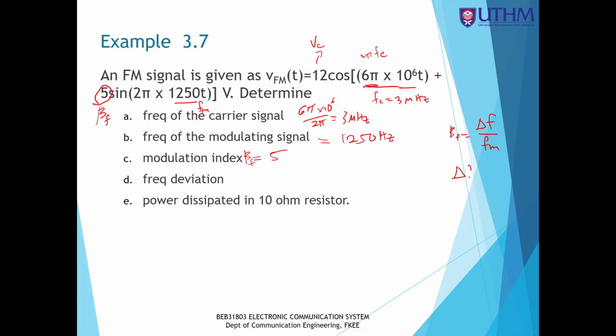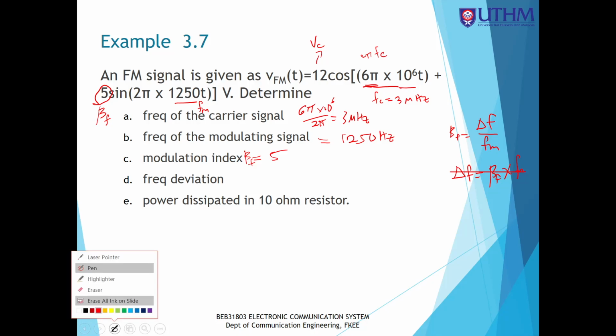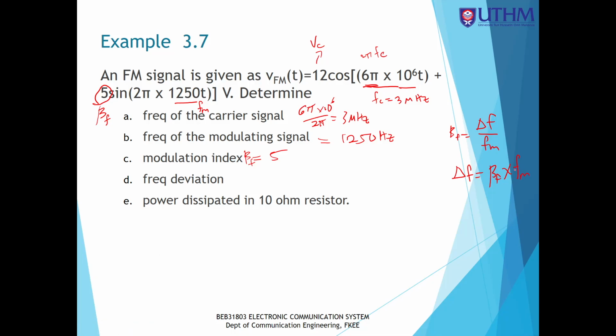So if you want to find delta f, it is equal to beta f multiplied by fm.